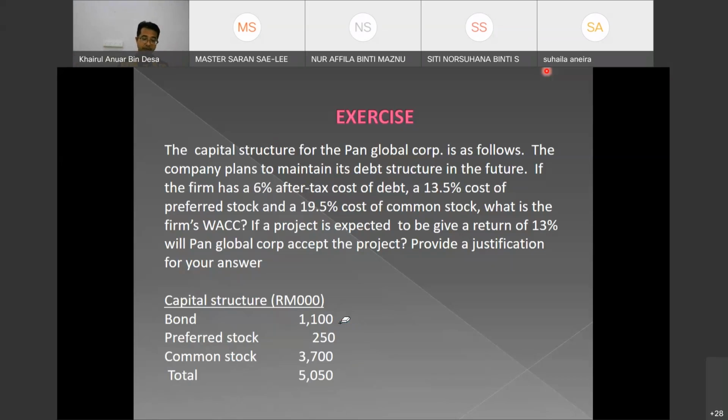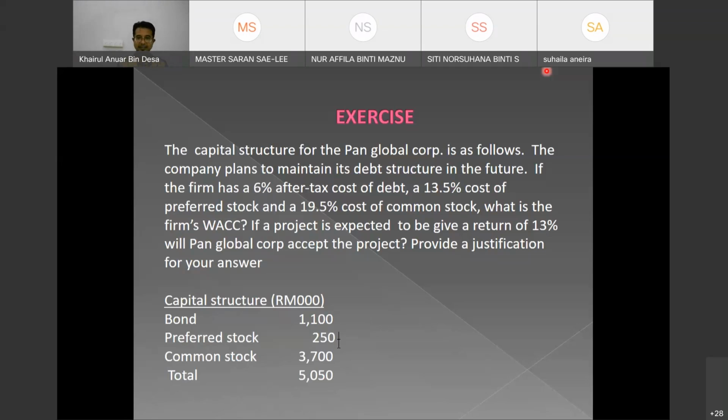Maria cuba kira balik Maria. Ini saya nak call Titi. Titi.